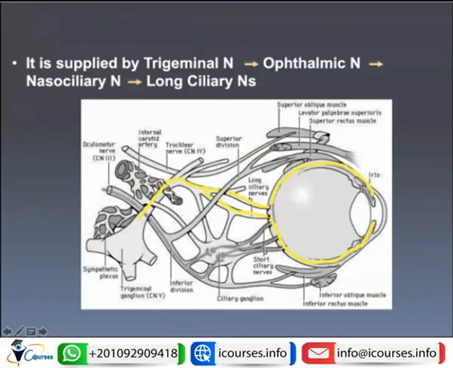The long ciliary nerves perforate the eye at 3 and 9 o'clock and pass into the suprachoroidal space and the supraciliary space until they reach the anterior segment of the eye.